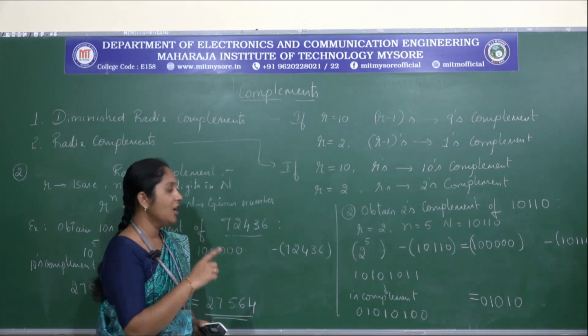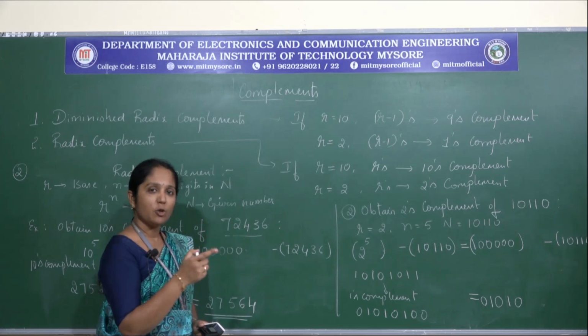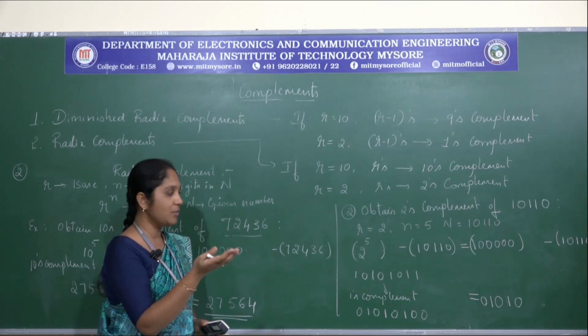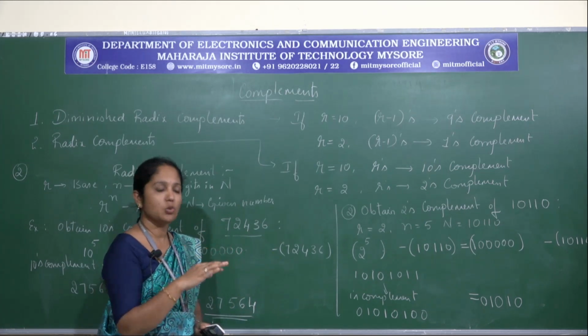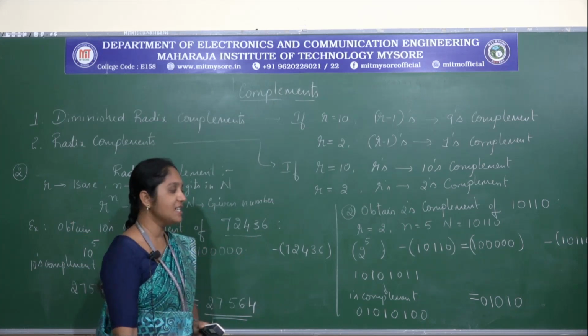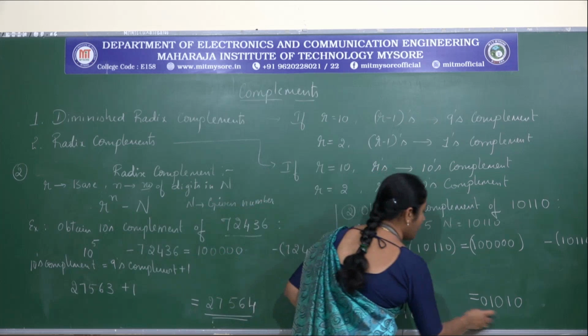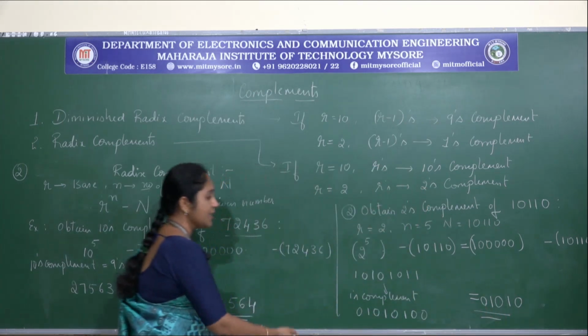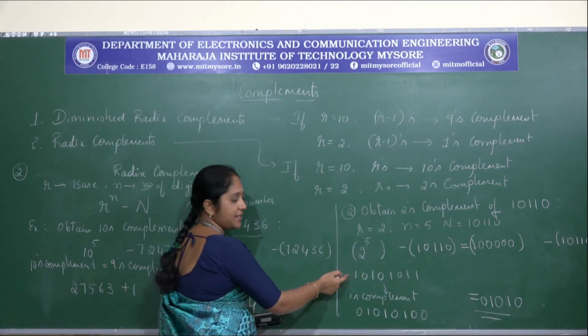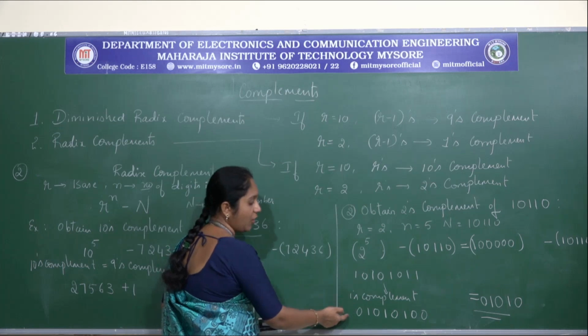So earlier we had 0 1 0 1 0, plus 1 will make the last bit 1. So I have represented the result as 0 1 0 1 0. This is the 2's complement of the given sequence. If you consider this example, we have the 1's complement already.